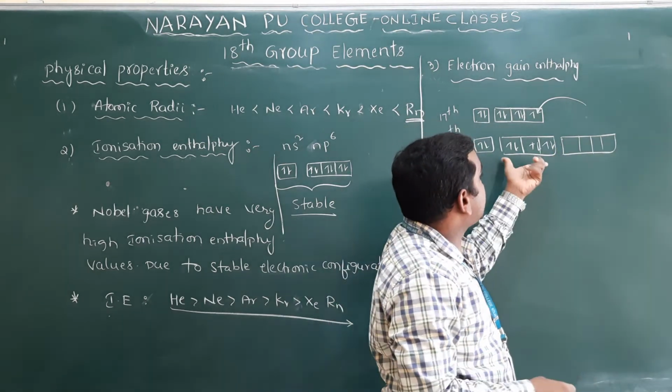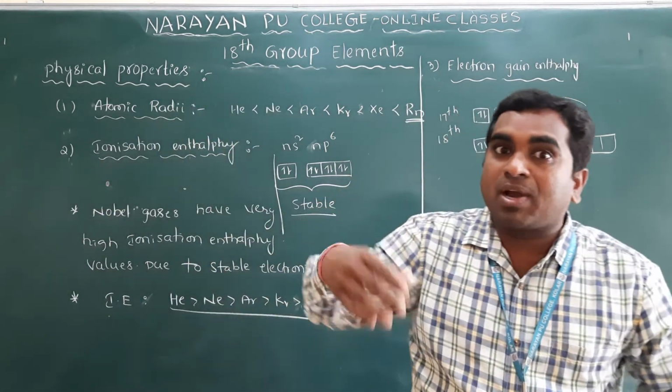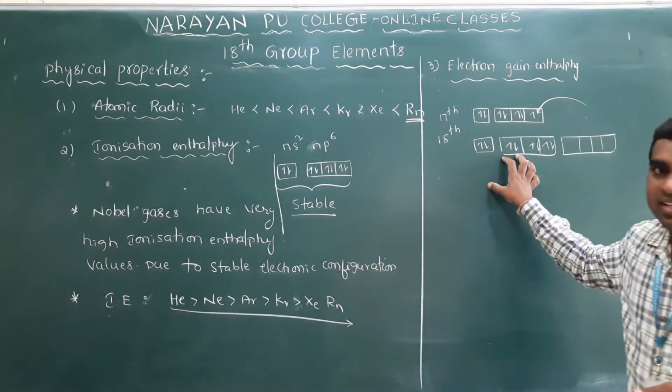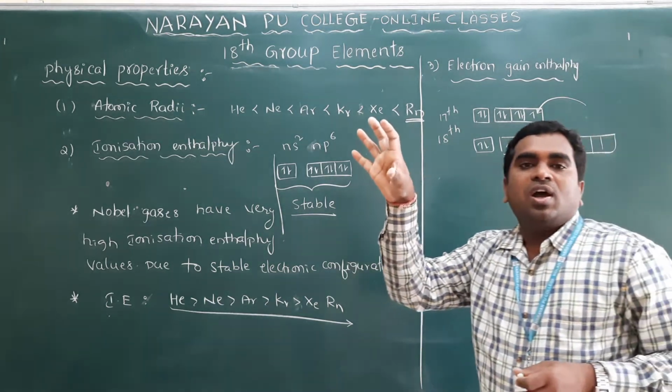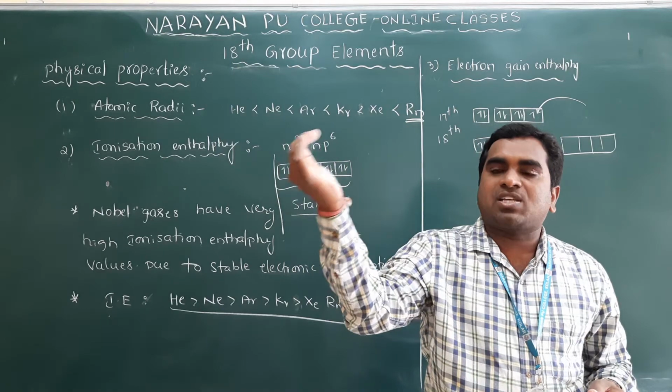Why? Because it is a stable configuration. If you add one electron, it becomes unstable, so it won't agree to accept the electron.